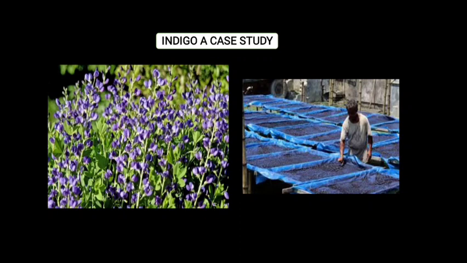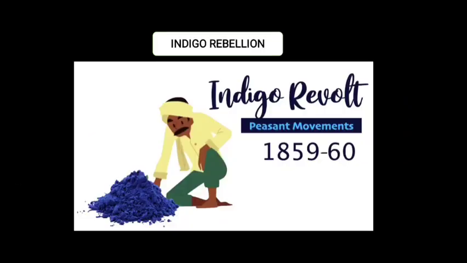So what happened was, in places like Bengal, they forced the peasants to grow indigo. But the farmers did not like this process of cultivating indigo, because they were not getting any profit out of it, and they could not grow food items to benefit their family.